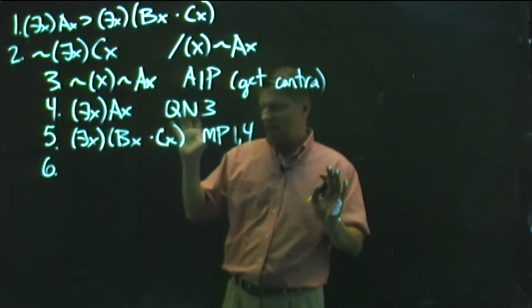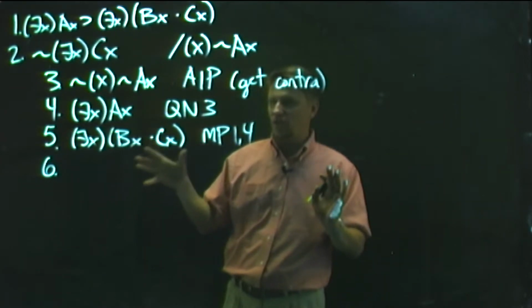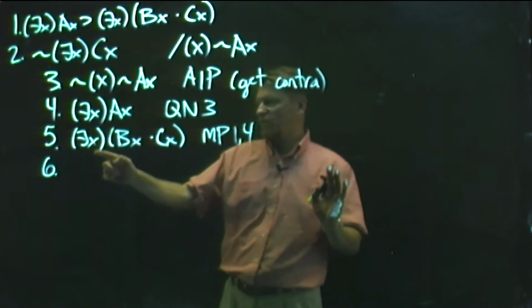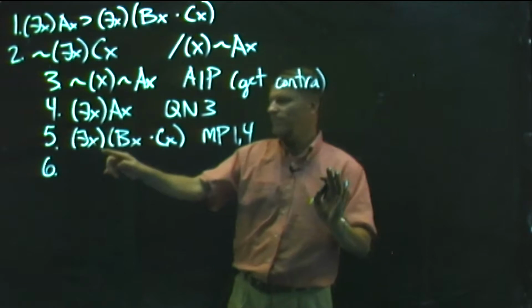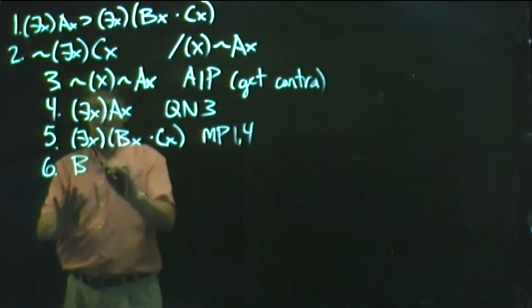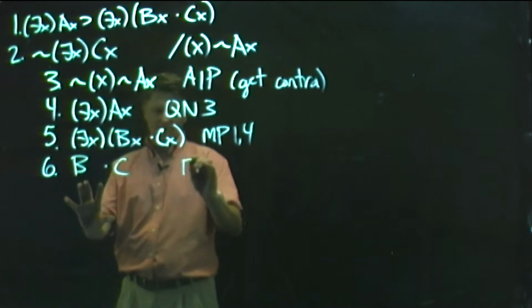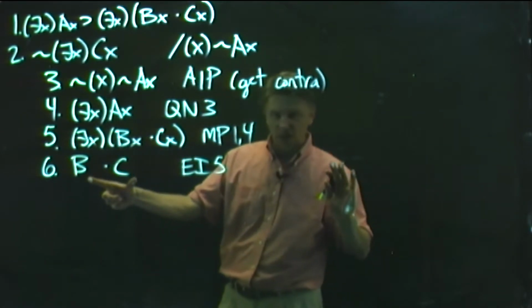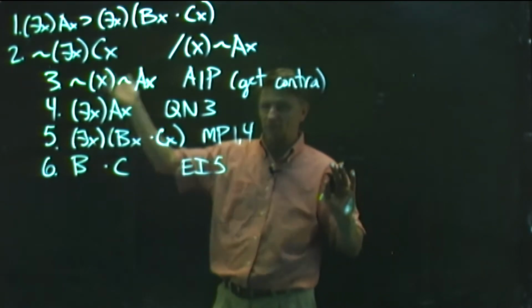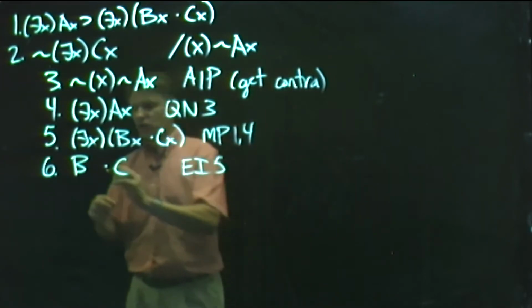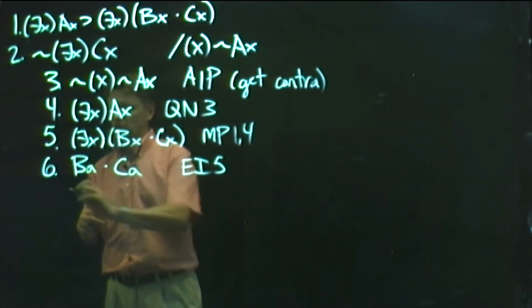So we cannot do simplification on number 5 here, because the main operator of number 5 is not the dot, it's the quantifier. So let's get rid of the quantifier with EI. And when we do EI, we can never choose a variable, so we have to choose an individual constant that does not appear previously in the problem. This problem doesn't have any individual constants, so choose any one you like. We'll just stick with A here.